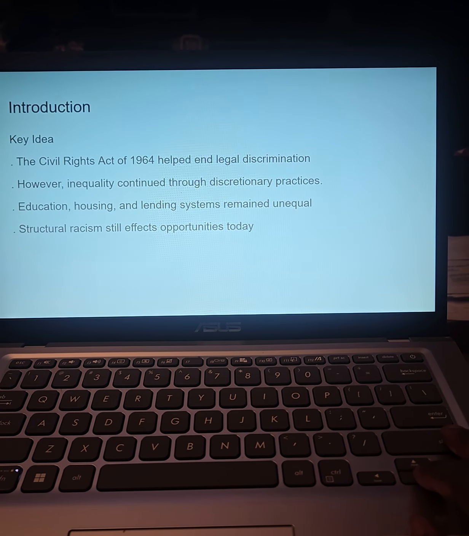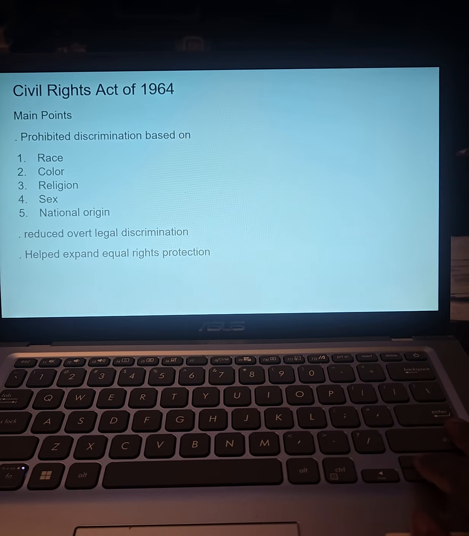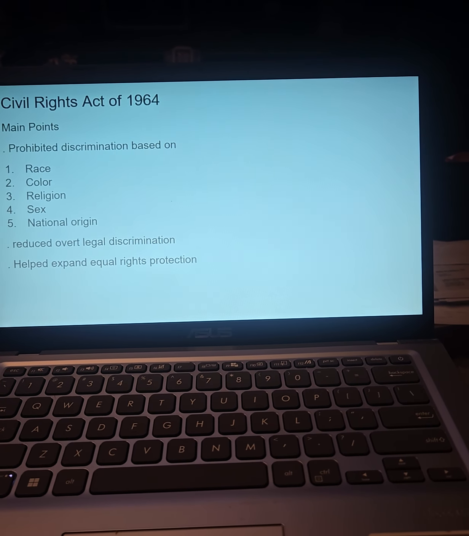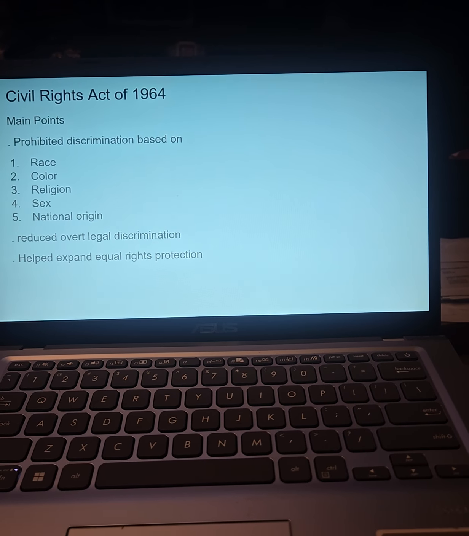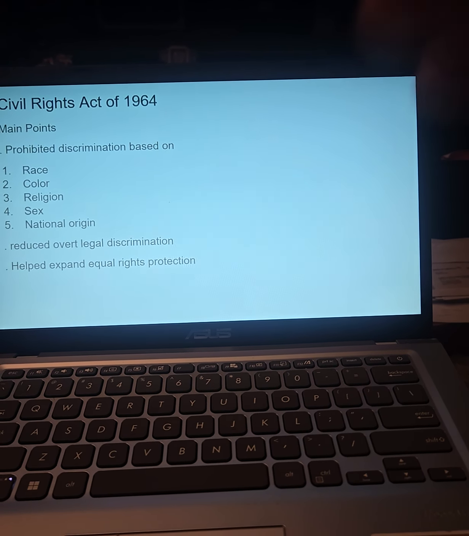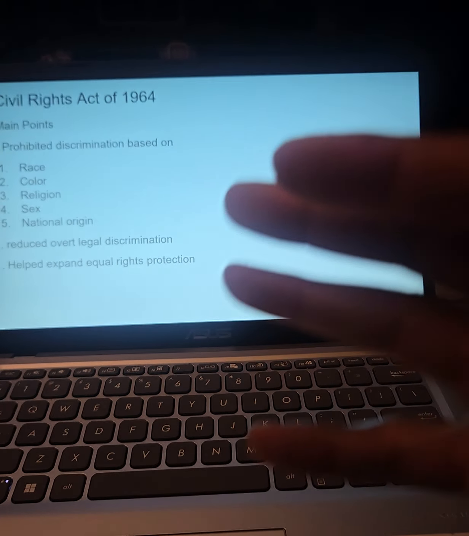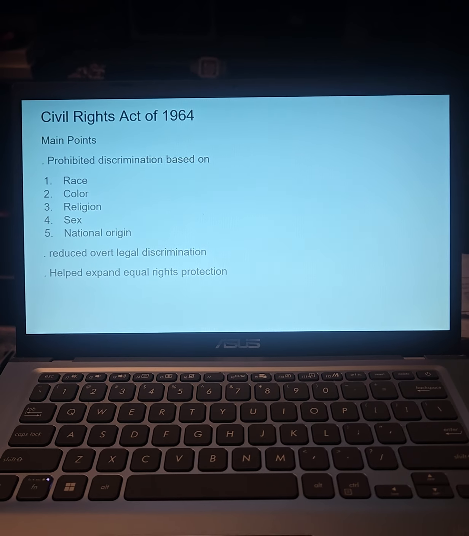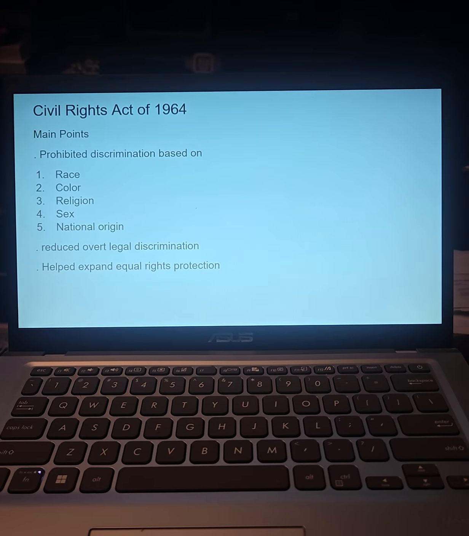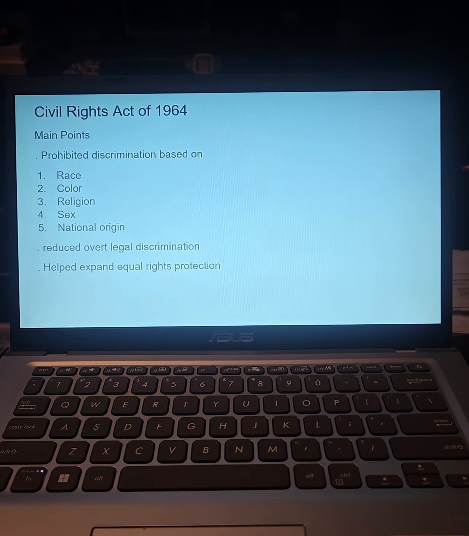So here's an overview of the Civil Rights Act of 1964. We're going to go over the main points. It prohibited discrimination based on race, color, religion, sex, and national origin. Pretty much what that means is when this law was passed, in the housing market, they used to use race, color, religion, sex, and national origin as a way to redline people of color.